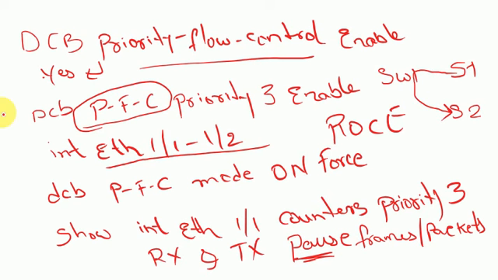So when the packets are coming from switch 1, here it sees it's already in congestion, and PFC is enabled on the switch and on the server side. So server 2 says hold on, I'm already in congestion. Then this information is passed from switch 1 to server 1. So server 1 holds, it pauses the packets.